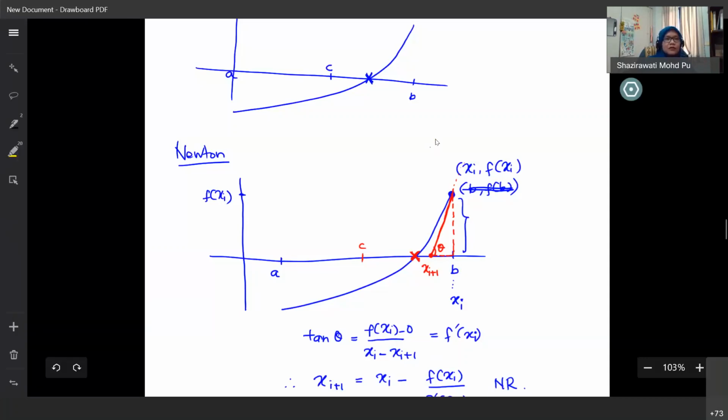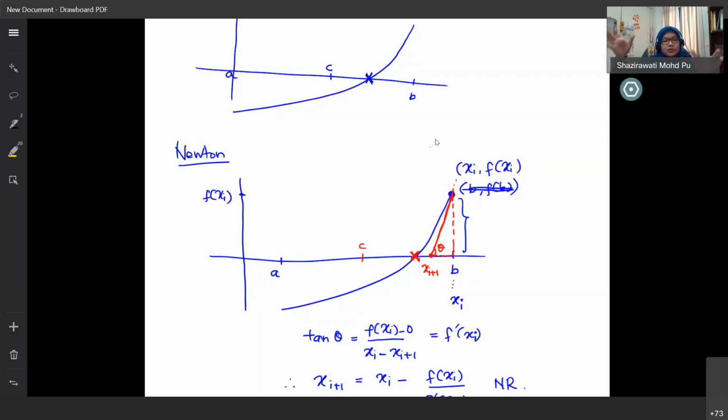So how we can ensure that we can converge to the solution again is by looking at the initial interval. In the calculation, of course, we want to converge to the solution. At the first place, we have the initial interval, but basically, you don't really need to have it for the Newton-Raphson.